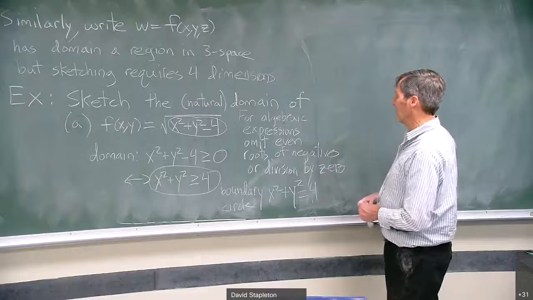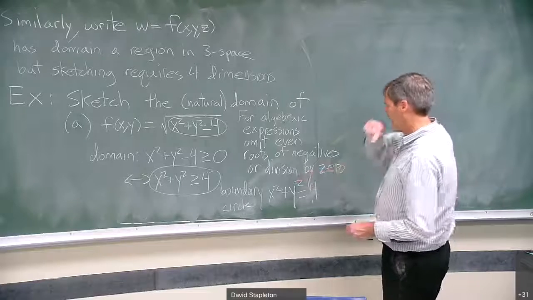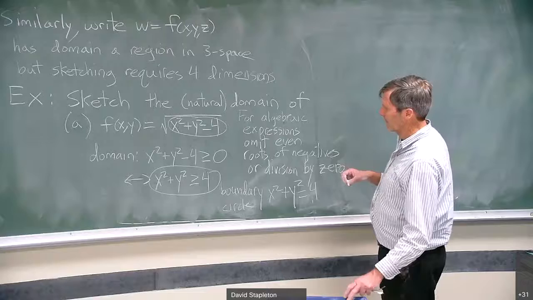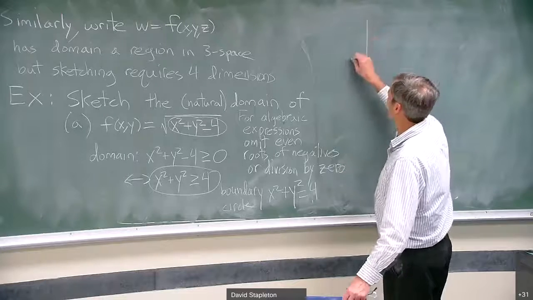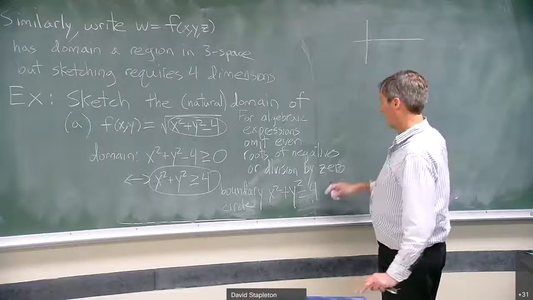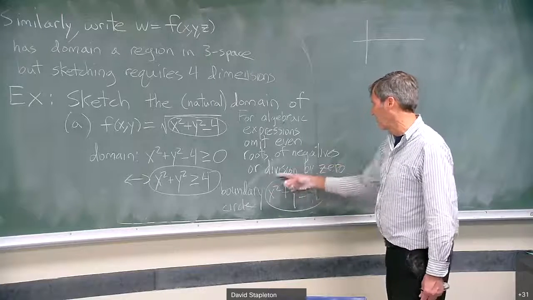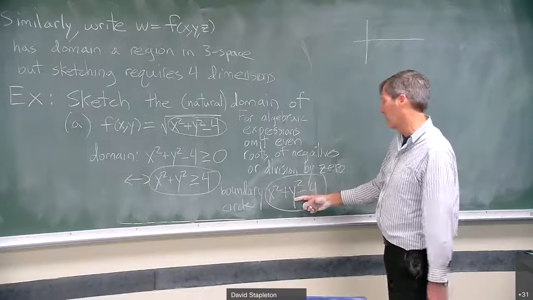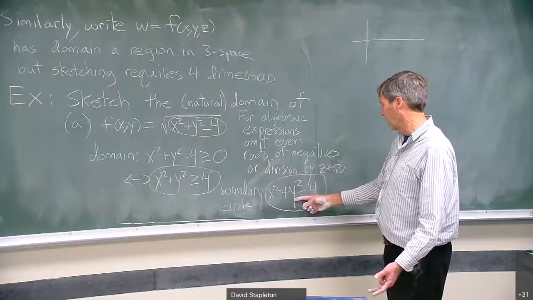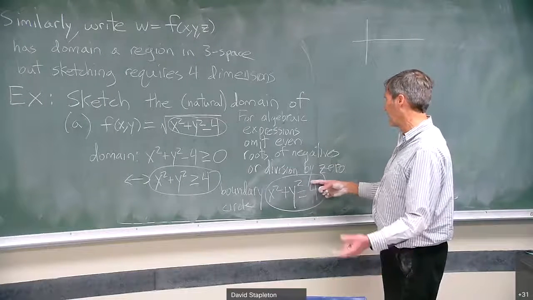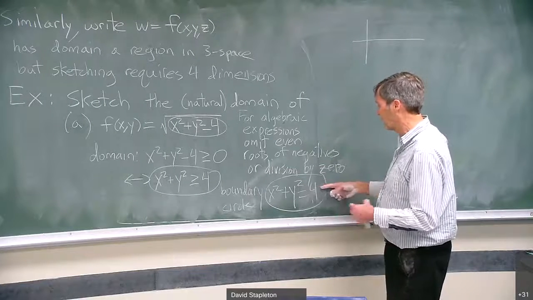And continuous functions have this property that they don't jump suddenly. Since this is a continuous function of x and y, it can't jump suddenly from being less than 4 to being greater than 4.